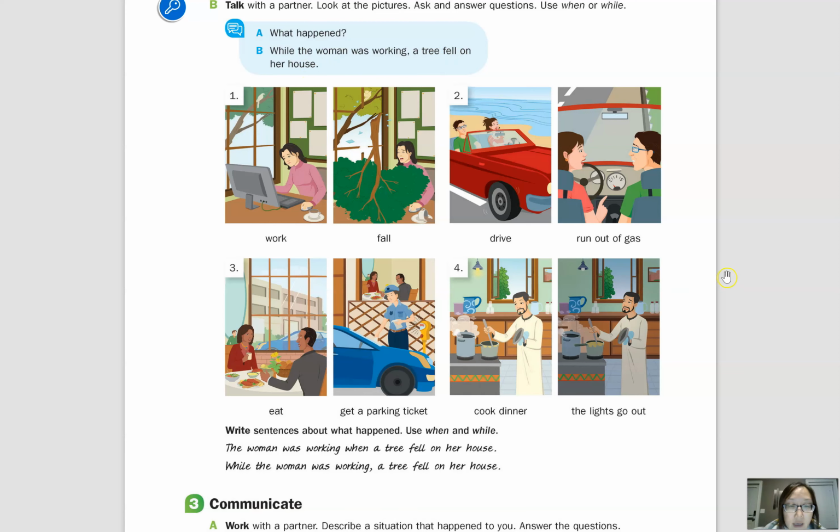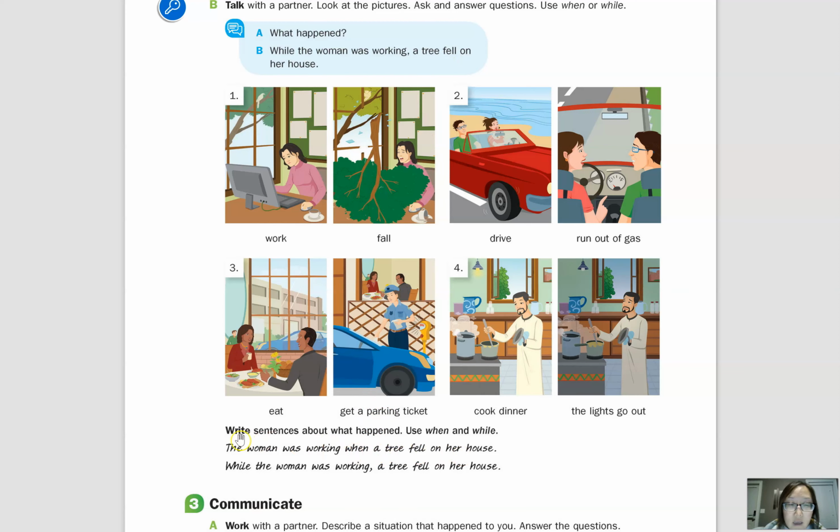So if you look at this sentence at the bottom, it says, while the woman was working, a tree fell on her house. This is the same sentence as the example, but you can also use when. You can use the when clause. Now, as I mentioned, a tree fell on her house is past tense. So we need to include when with the past tense.